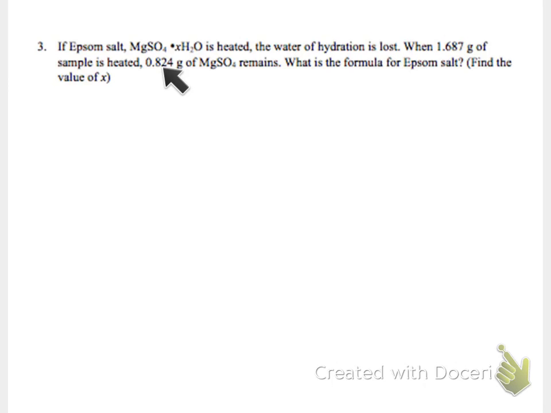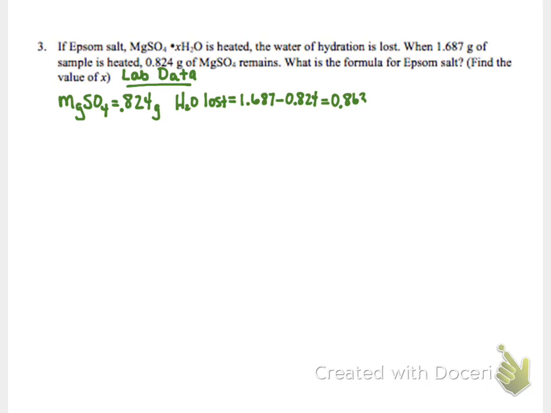We cannot put the water on a scale because the water evaporates, but we can measure the difference and calculate the mass of water. So magnesium sulfate, we know from our question, is 0.824 grams.